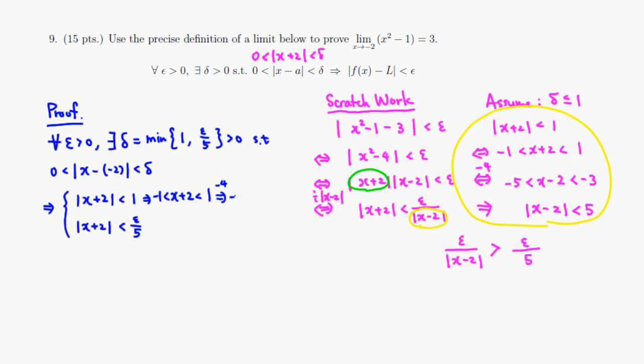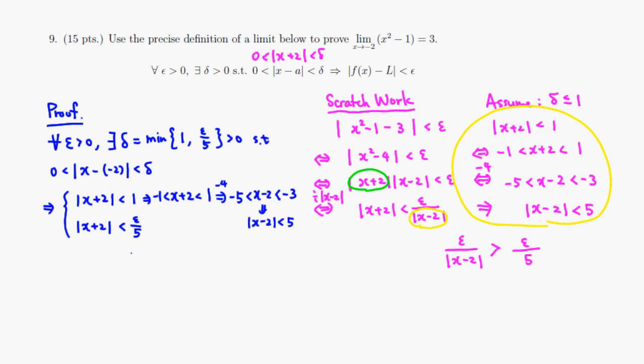So x minus 2 is between negative 5 and negative 3. And since x minus 2 is between negative 5 and negative 3, we know that the absolute value is going to be less than 5. Then we can make this inequality.